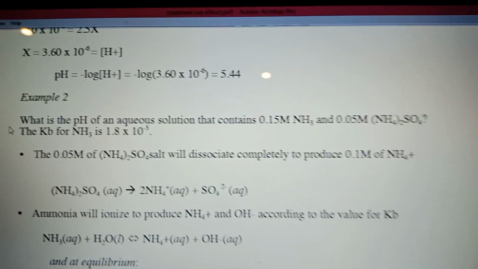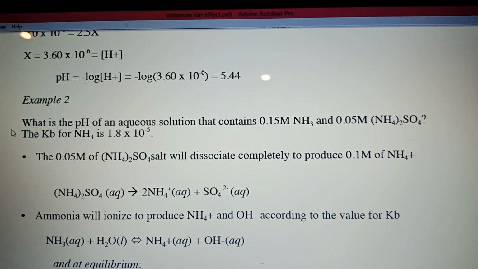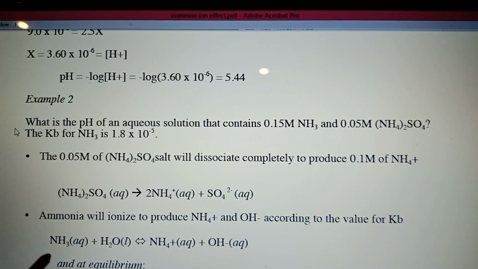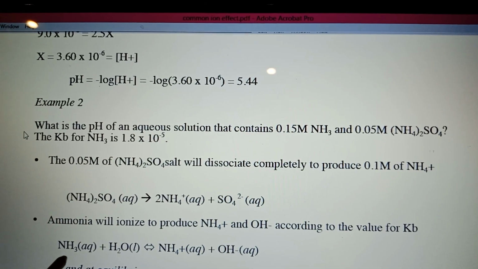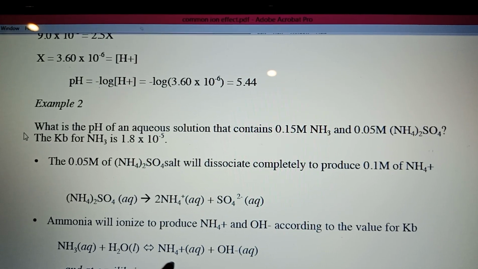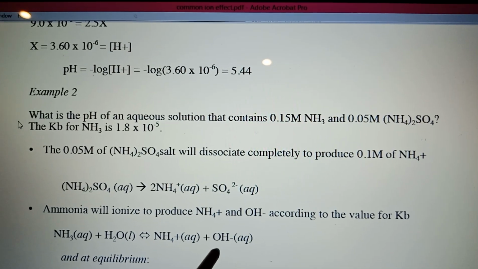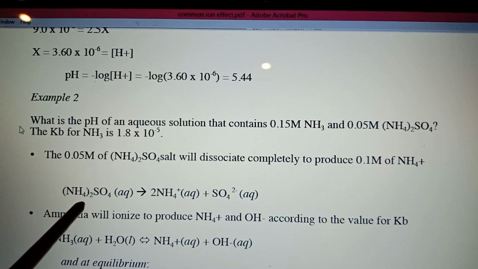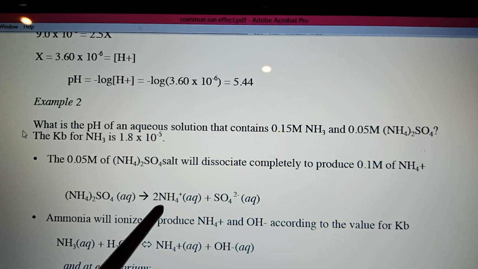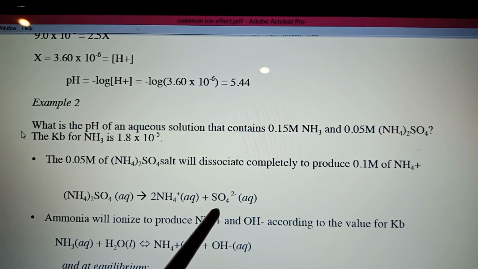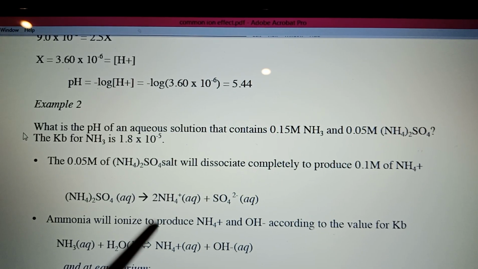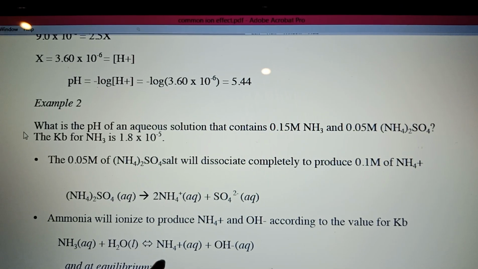So in this example we have the equilibrium condition, that is the ammonia, which is dissociated into ammonium and hydroxyl ions, and the salt is dissociating into the ammonium ion and the sulfate ion. So here we have a common ion which is the ammonium ion.